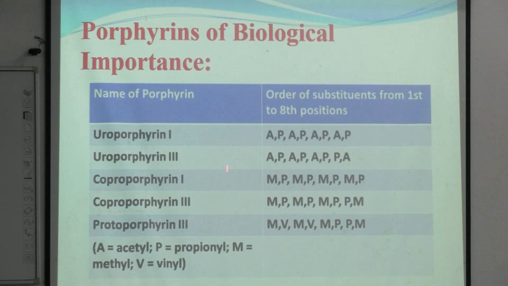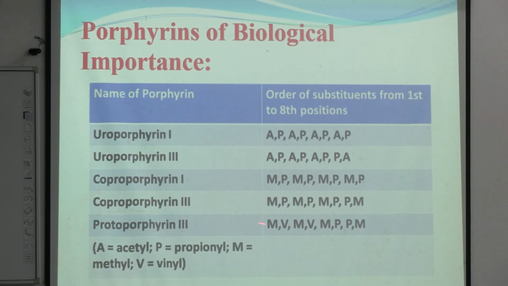So from this, only the names and their substituents, you can see that the 3 series is going to produce the heme. It is biologically predominant, and only series 3 can produce heme, because protoporphyrin is the last part, and heme also contains this sequence of substituent groups, MV, MV, MP, PM.